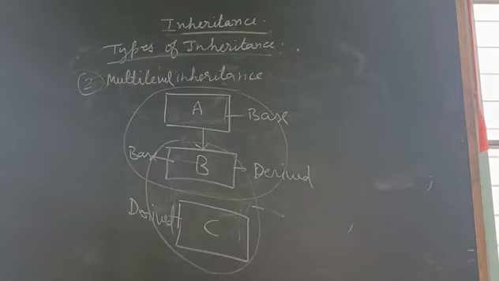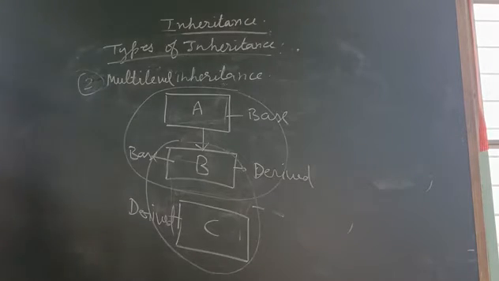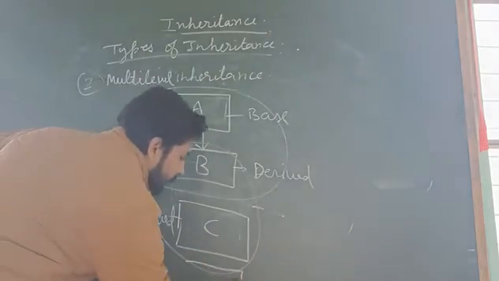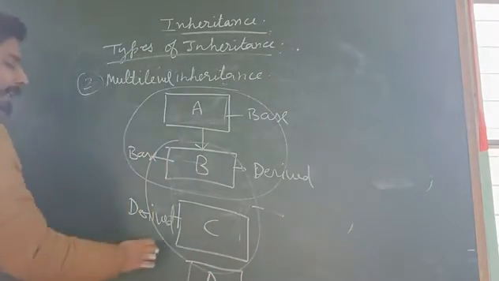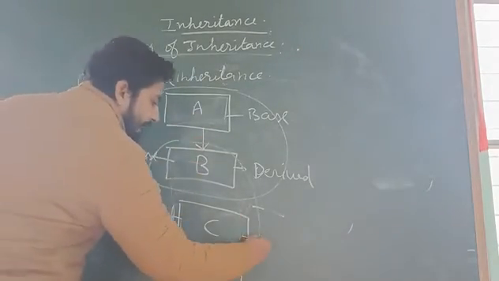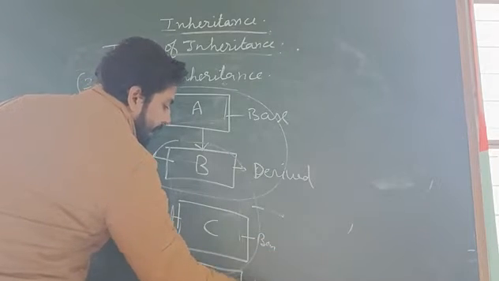I think it is clear. Multi-level inheritance is not only for two classes; we can also have D here. If I say D, then C becomes the base class and D the derived class.